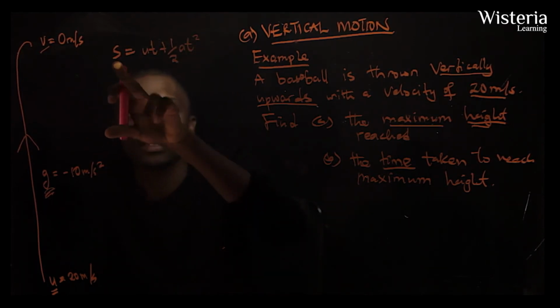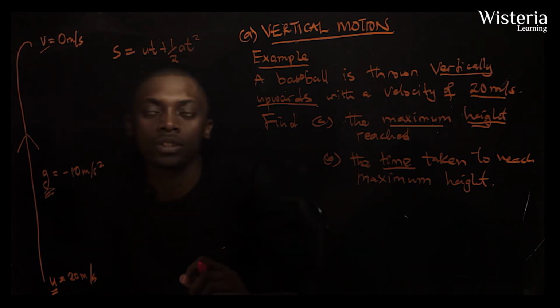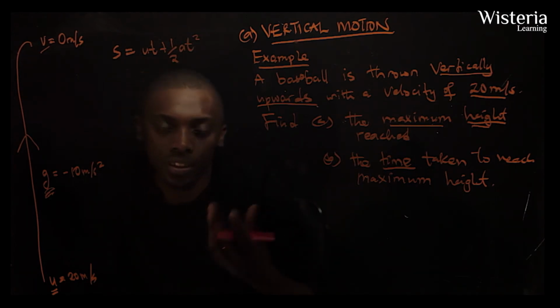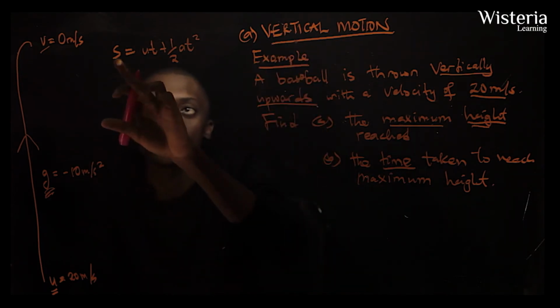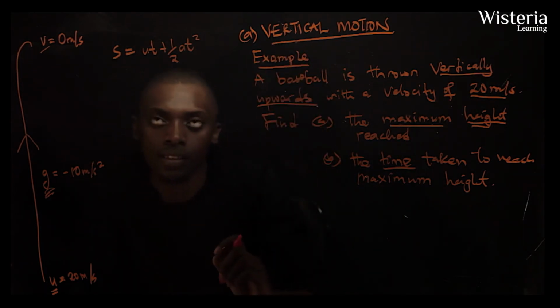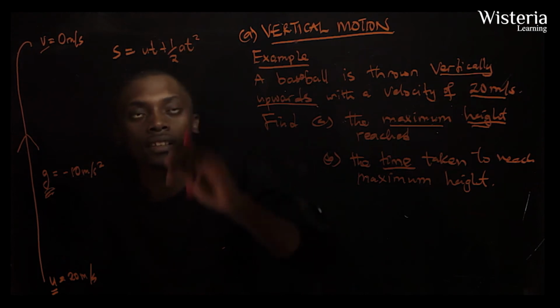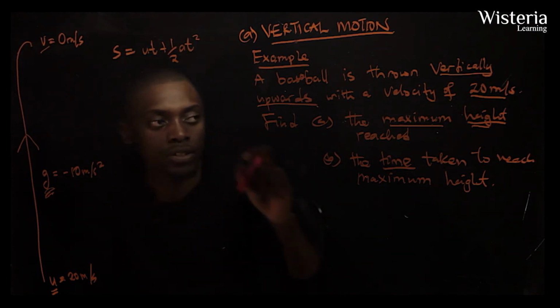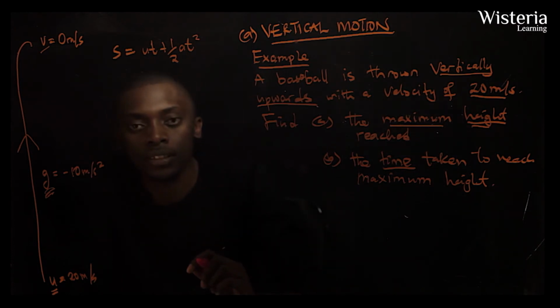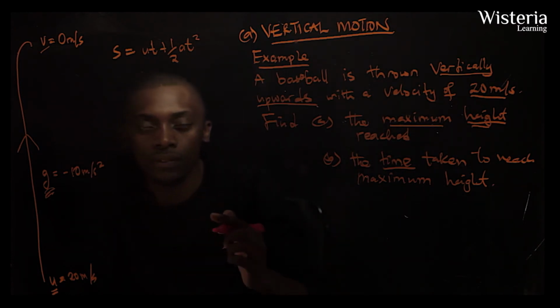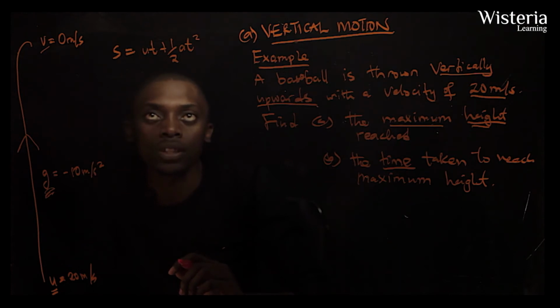The S in this equation is distance, so because this is vertical motion, S becomes the height. Then A is the acceleration, and because this is vertical motion, A becomes acceleration due to gravity. So that's one of the equations.